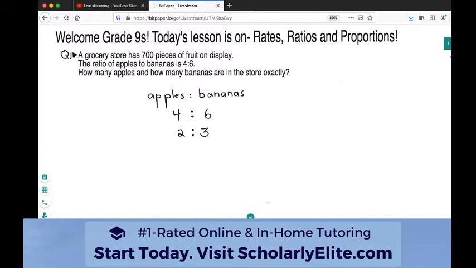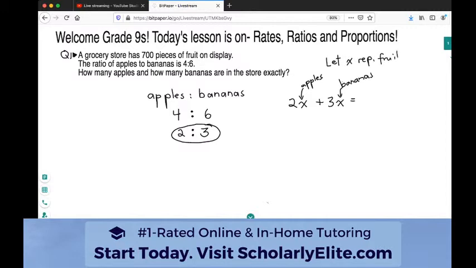So what we're going to do here is I'm going to say, okay, well, since this is a 2 to 3 ratio, and I know that 2 times apples plus 3 times bananas, but x is going to represent fruit pieces.